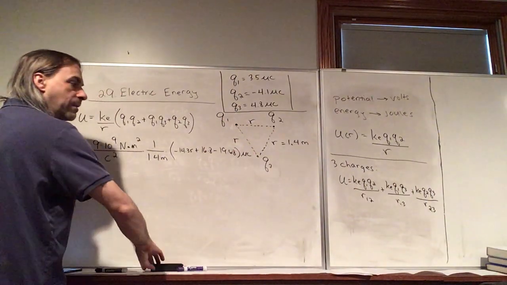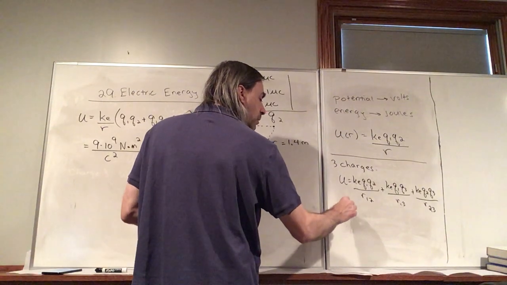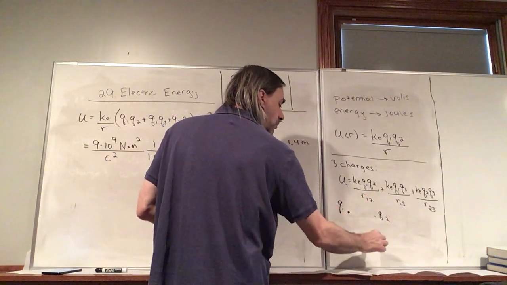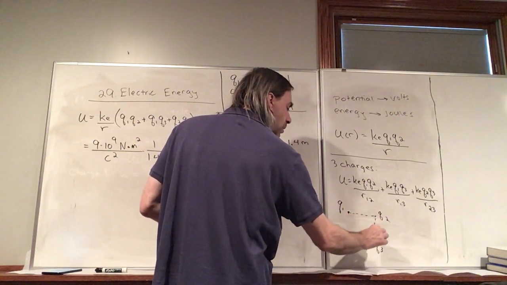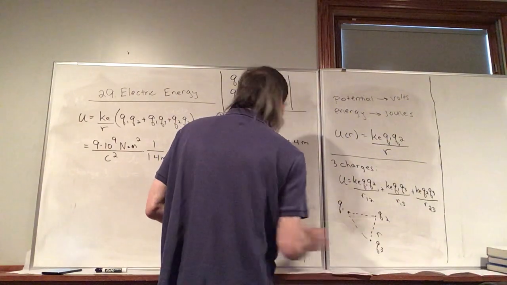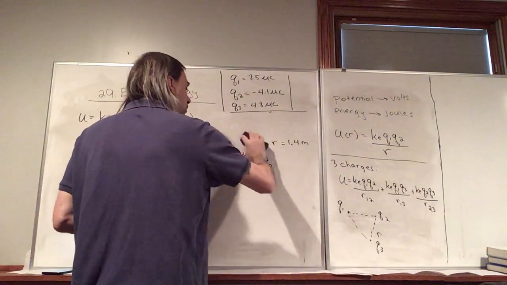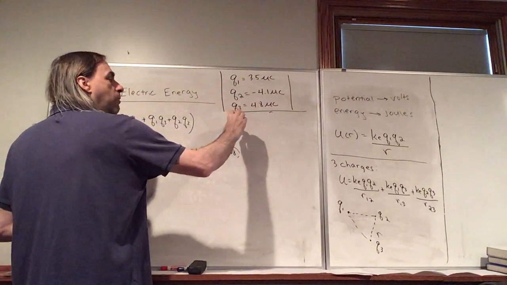I'm going to have to erase this picture. Let's redraw it over here. Q1, Q2, and Q3, and they're separated by some distance r, where r was 1.4 meters.